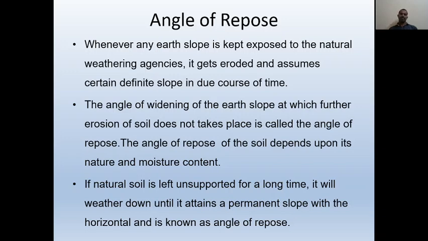You can also define it like this: if natural soil is left unsupported for a long time, it will weather down until it attains a permanent slope with the horizontal, and that permanent slope is nothing but the angle of repose. This is actually different from surcharge and the angle of inclination of surcharge.